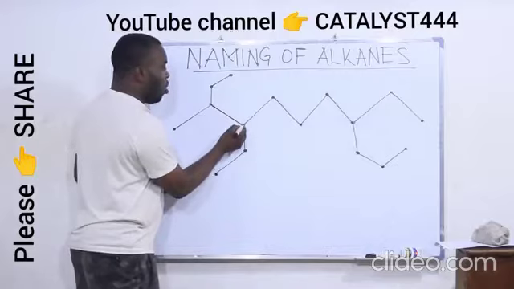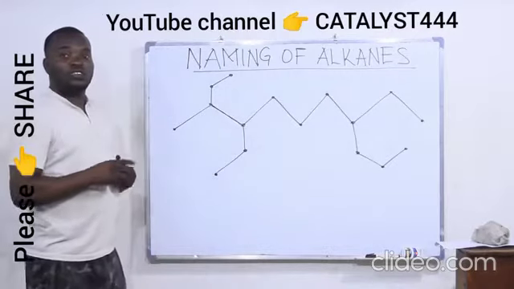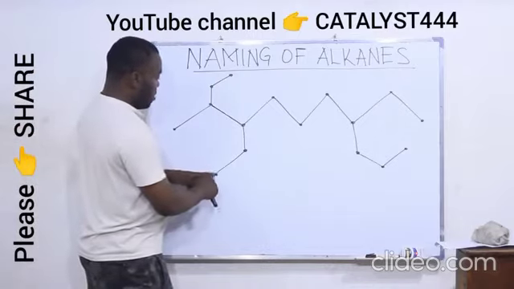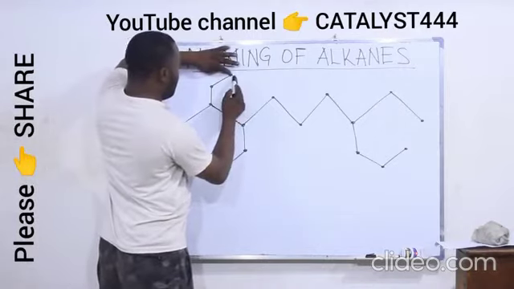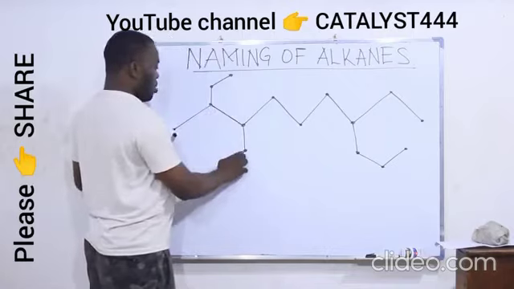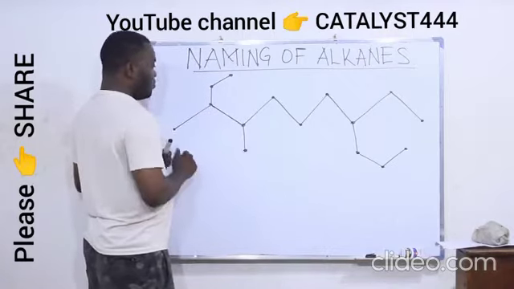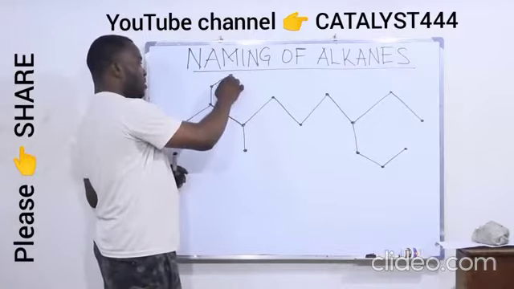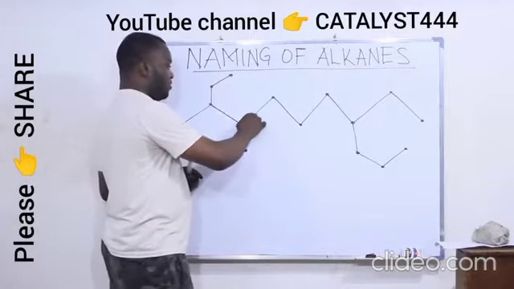Now, if we check all the different directions, you'll notice that the longest direction you have here is from here. Okay, we'll have it like this. Our longest direction in this compound is from here to this place.